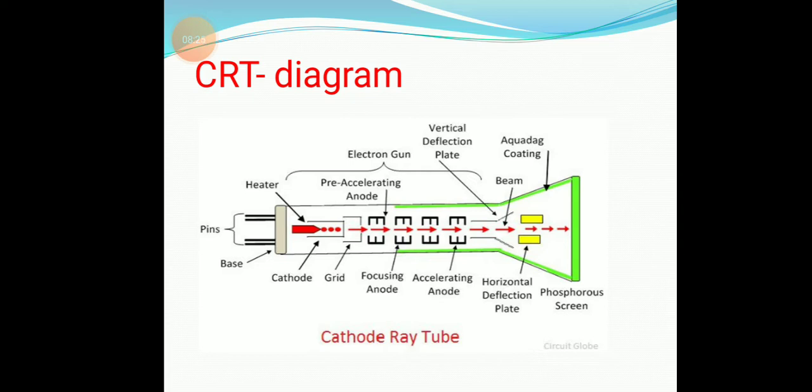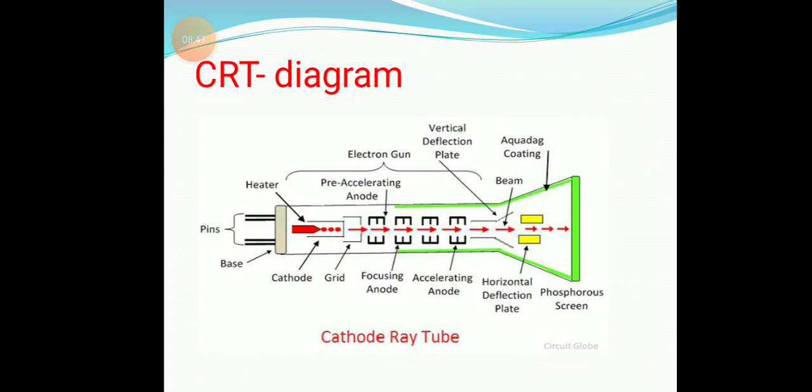Second block is the deflection plate assembly. There are two kinds of deflection plates, the vertical deflection plates and the horizontal deflection plates. In that, first point, when the electron beam is accelerated by the accelerating anode, it passes through the deflection plate assembly.